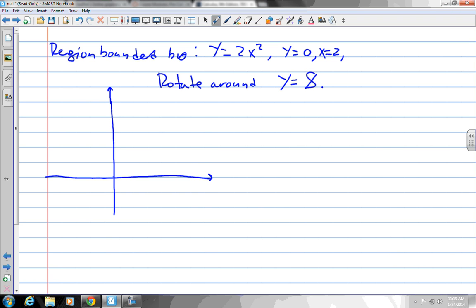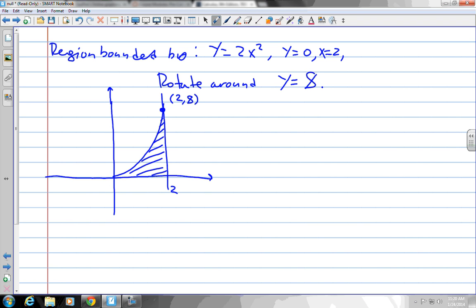So 2x squared, something like that, x equals 2. Then when do they meet? 8, right? So that's almost fortunate. 2, 8. So this is the region bounded by 2x squared, y equals 0, x equals 2.